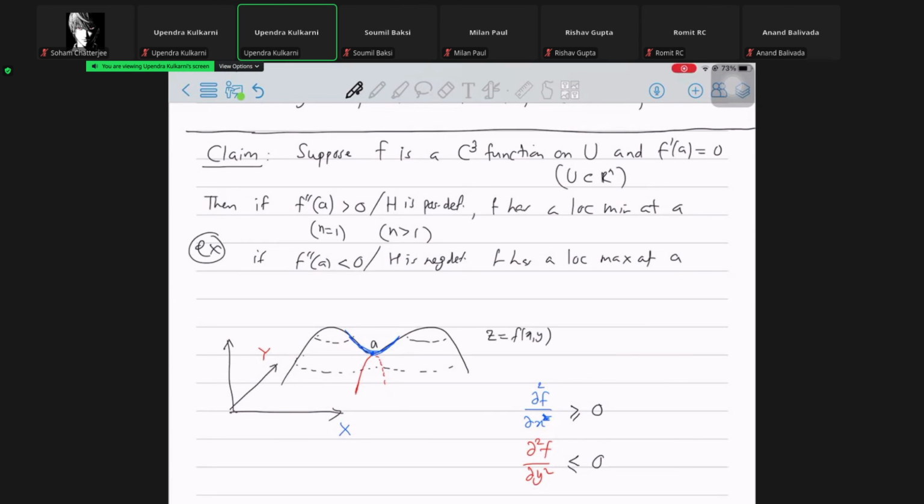But of course, that gives a problem only at one point. Basic example.